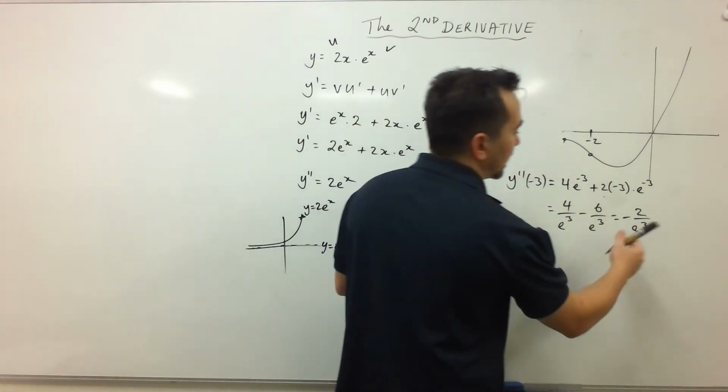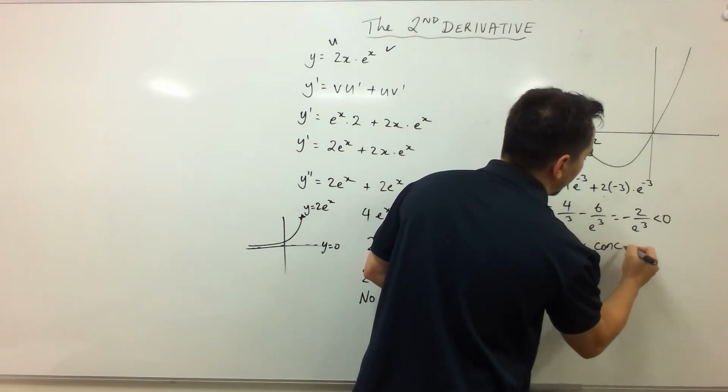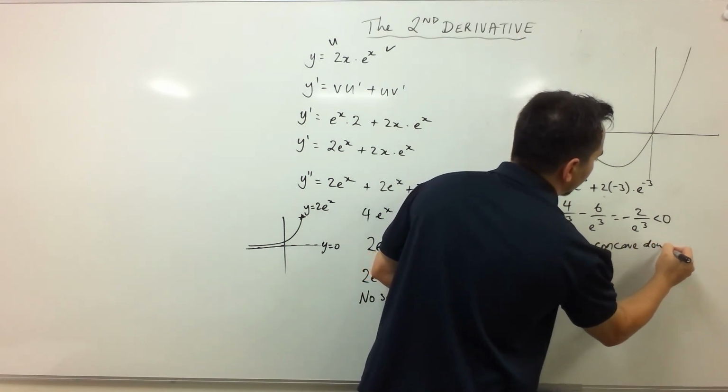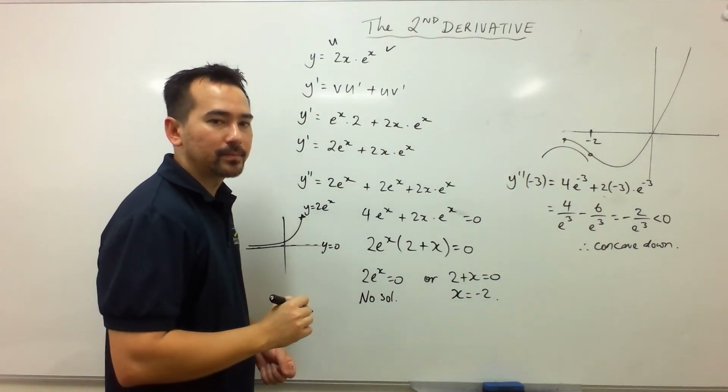And that's obviously negative. It's less than 0. Therefore, concave down. And that is correct. That's what we were looking for.